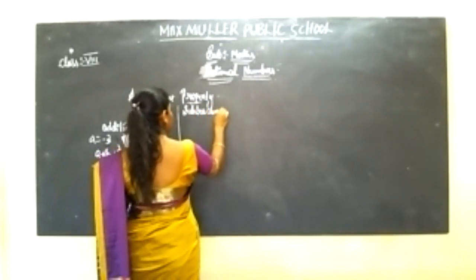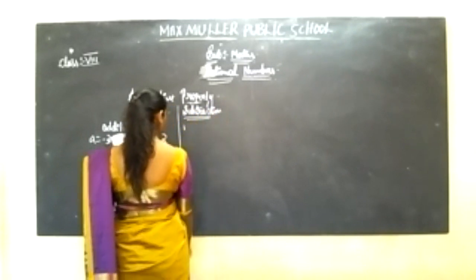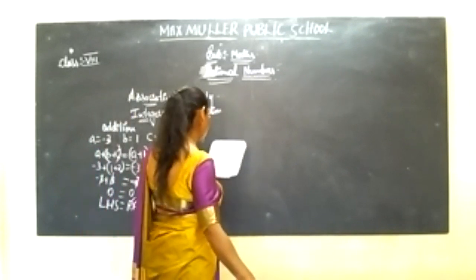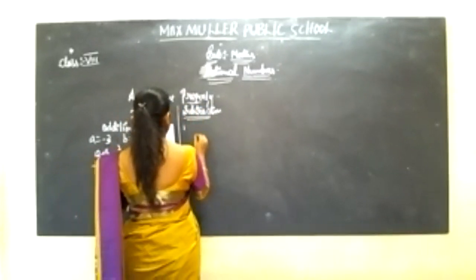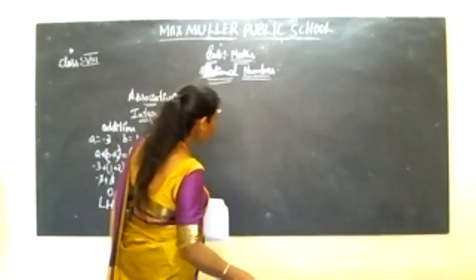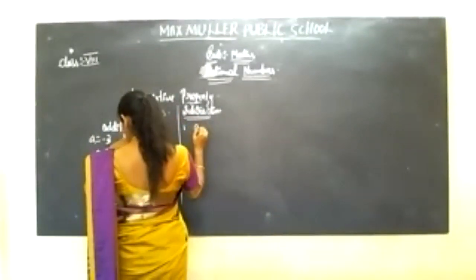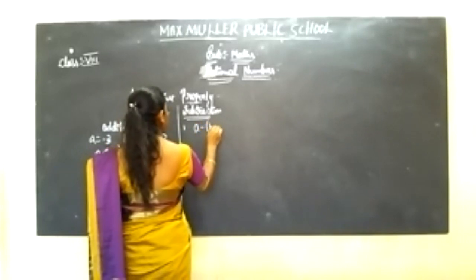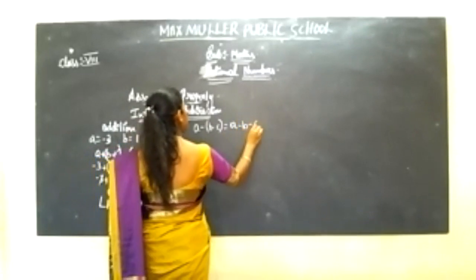subtraction. So here, see, (A minus B) minus C is equal to A minus (B minus C).